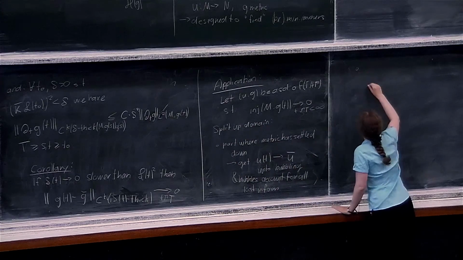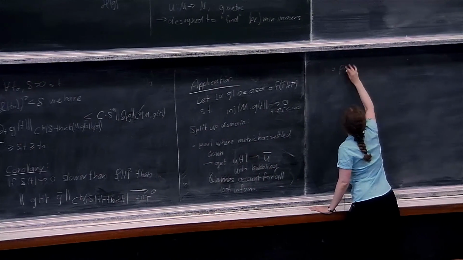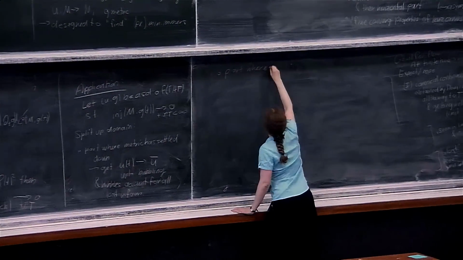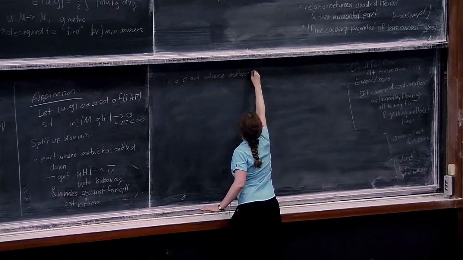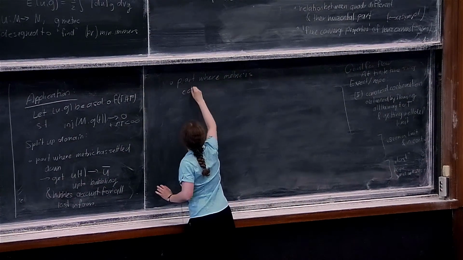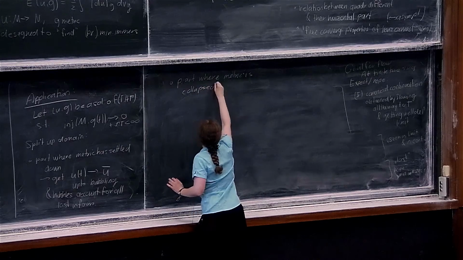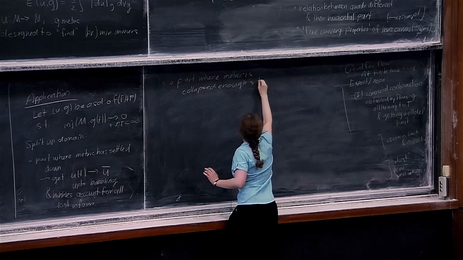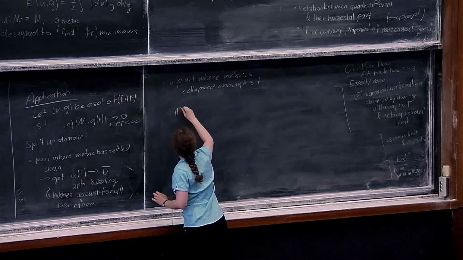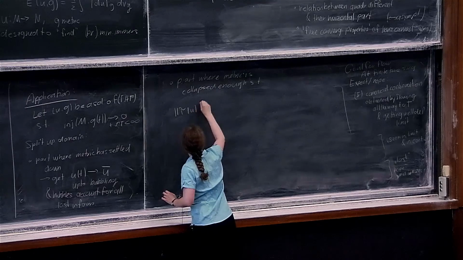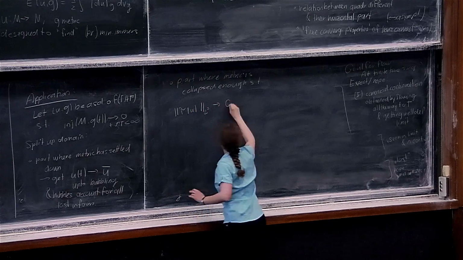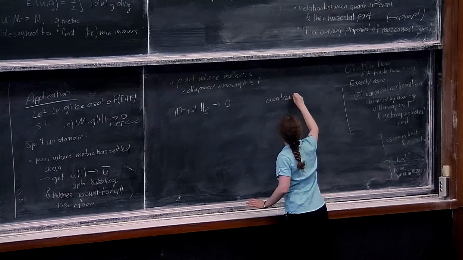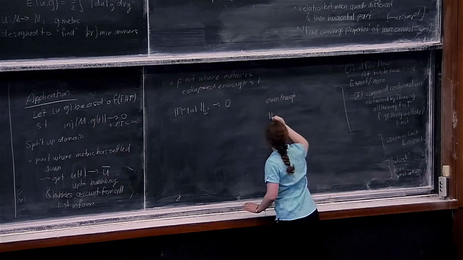Now, on the other hand, you want to split it up in a part where the metric is collapsed a lot. And with a lot, I mean enough such that the tension of the map in L2 goes to 0, even though the tension can actually blow up.